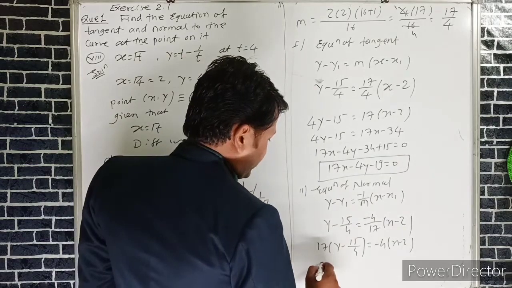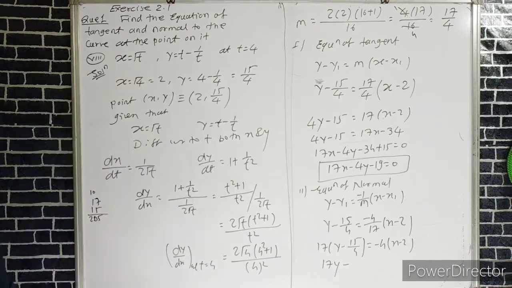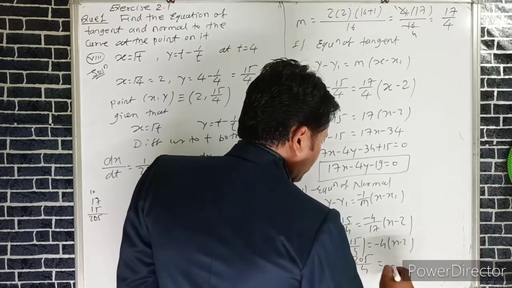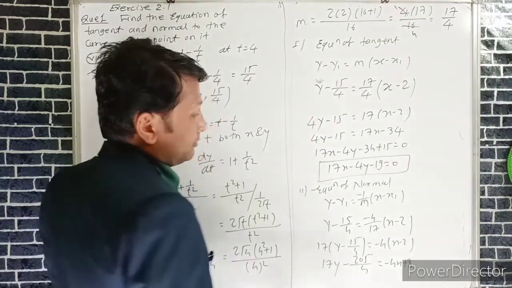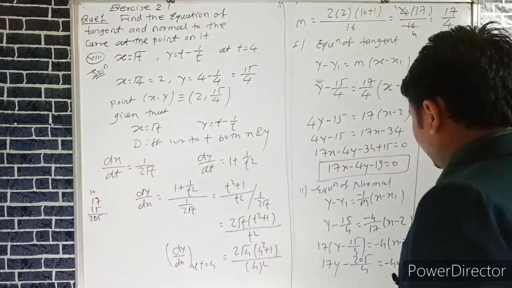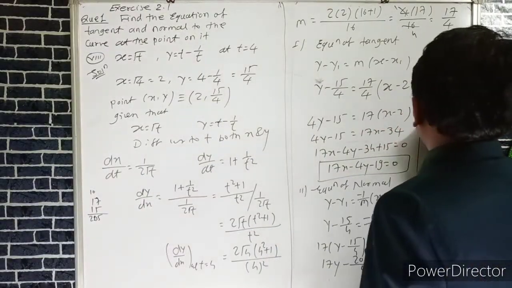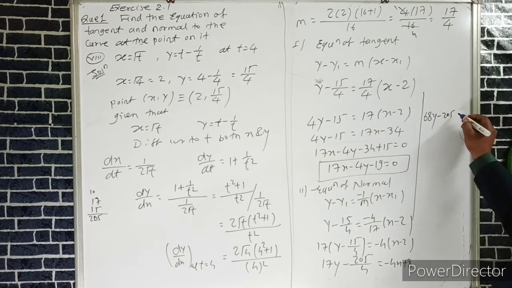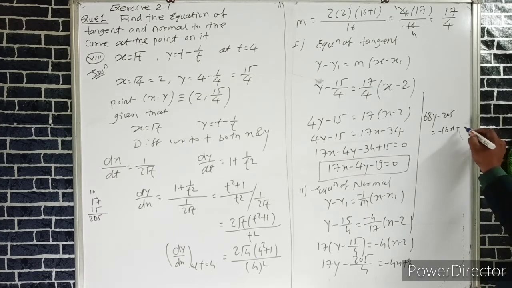17 into y, 17y minus 15 into 17, 255 upon 4, is equal to minus 4x plus 4 into 2, 8. So if we multiply both sides by 4, we can write 17 into 4, 68y minus 255 (the 4 cancels) is equal to minus 16x plus 4 into 8, 32.